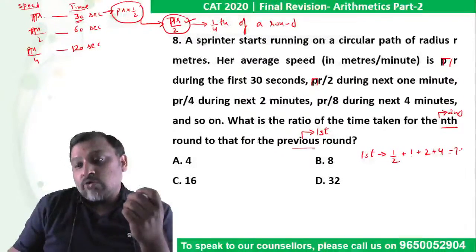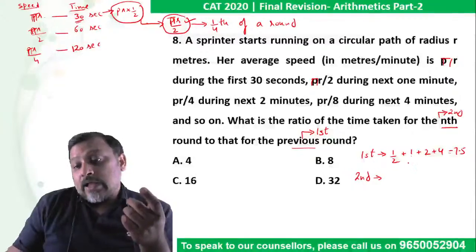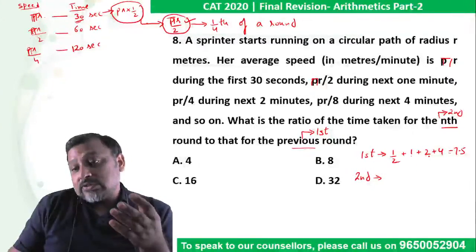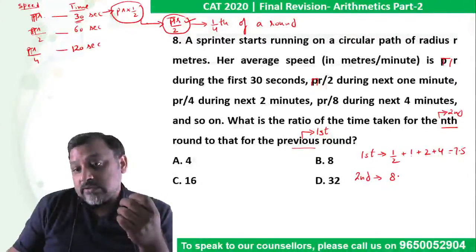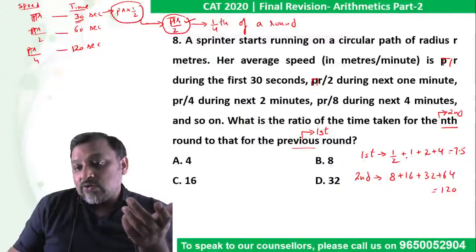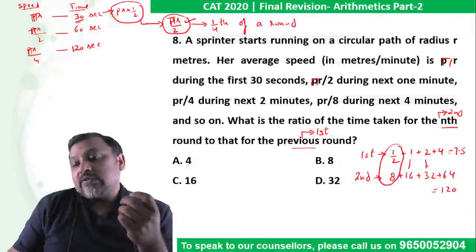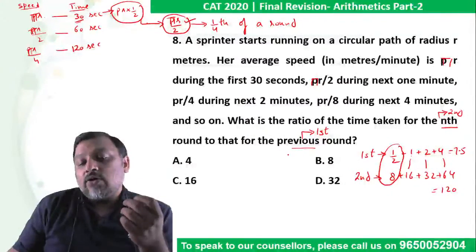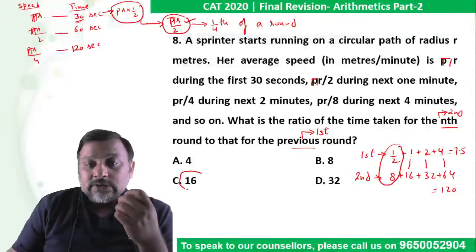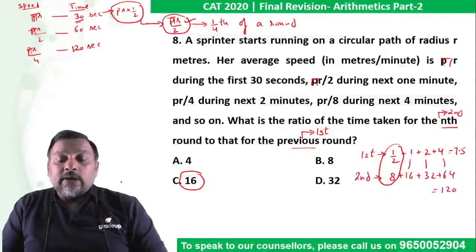So this comes out to be 7.5 minutes. For the second round, I will need to add 4 such values starting with 8, then 16, 32, 64. Either I can add these values or I can look at only one of these ratios. We have the similar ratio for the other three. So it is half by 8 or 1:16. So it is this. Time taken for the second to the time taken for the first round.